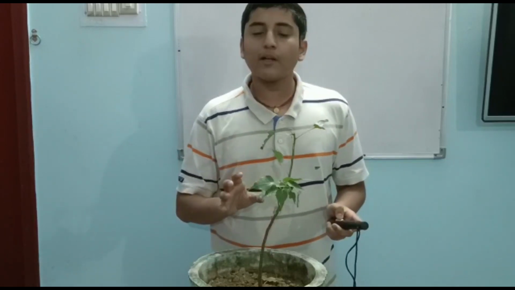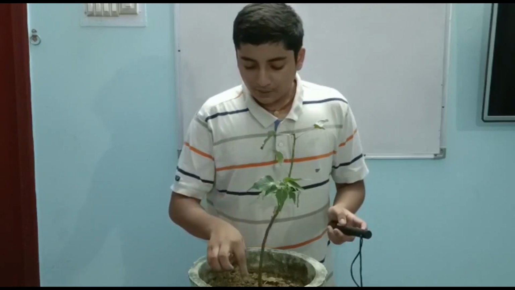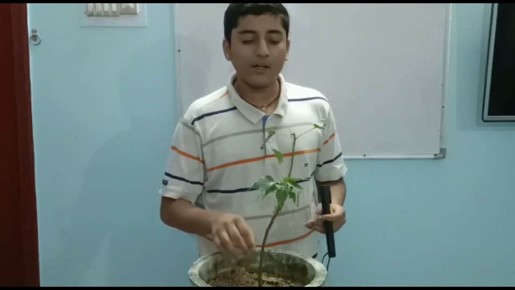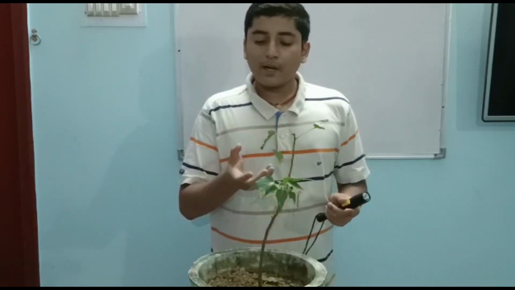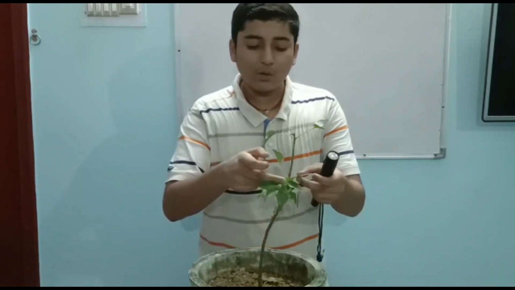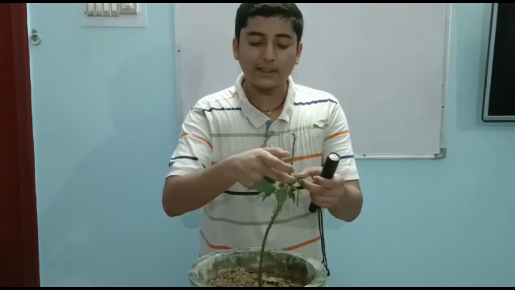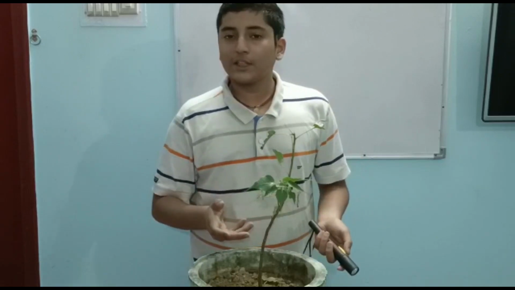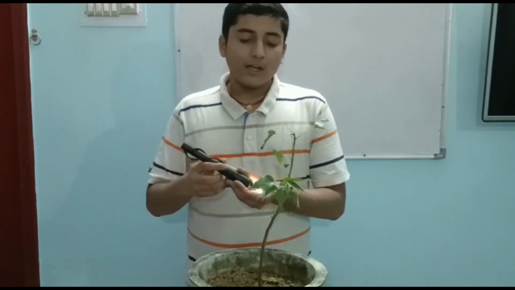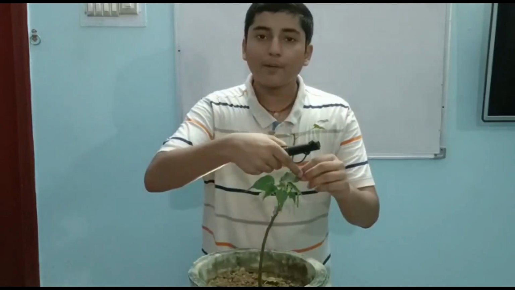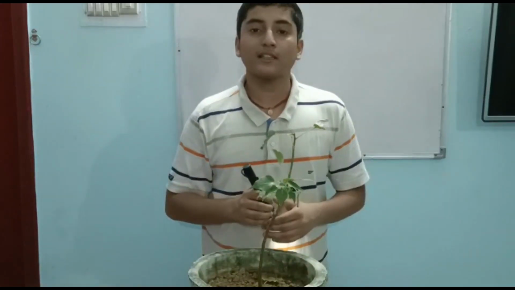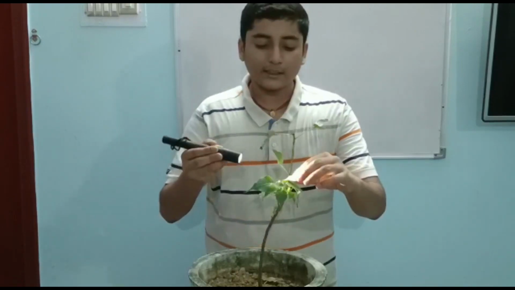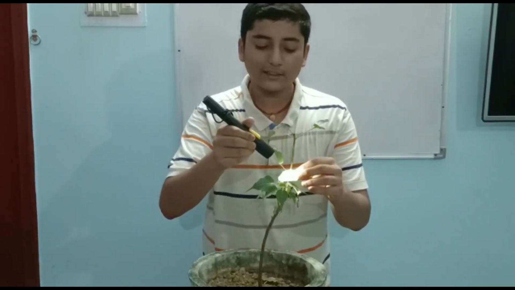Always remember, water and minerals are taken up by the plants from the soil through roots, and carbon dioxide is absorbed from the lower surface of the leaf, which contains stomata, and from the stomata the gaseous exchange takes place. The sunlight is trapped by the upper surface of the leaf, which is the darker surface, and the photosynthesis process takes place inside the mesophyll cells.